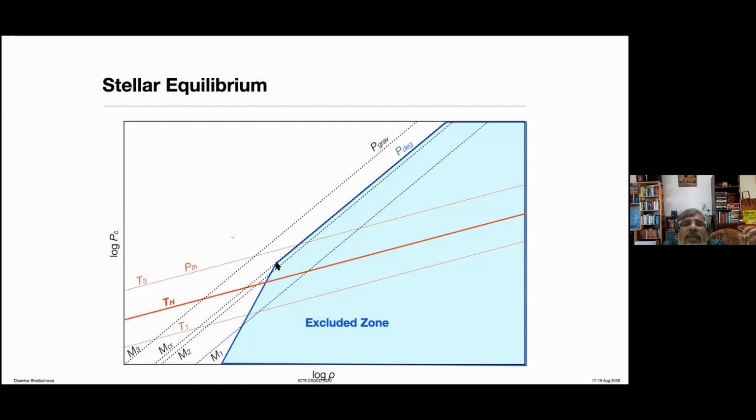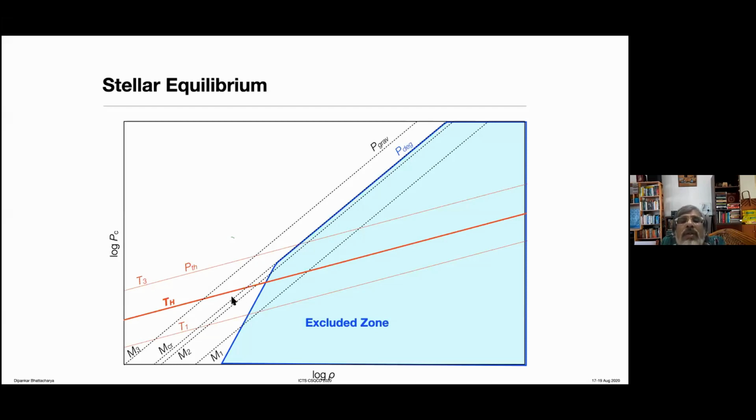But below that mass, if the configuration finds an equilibrium where these two intersect, so you have an equilibrium point which is described by the balance between degeneracy pressure and the gravitational pressure, then the star reaches that point and is not going to go any further. Whereas in case of thermal pressure, we found that as the star loses thermal energy, it can keep going further.